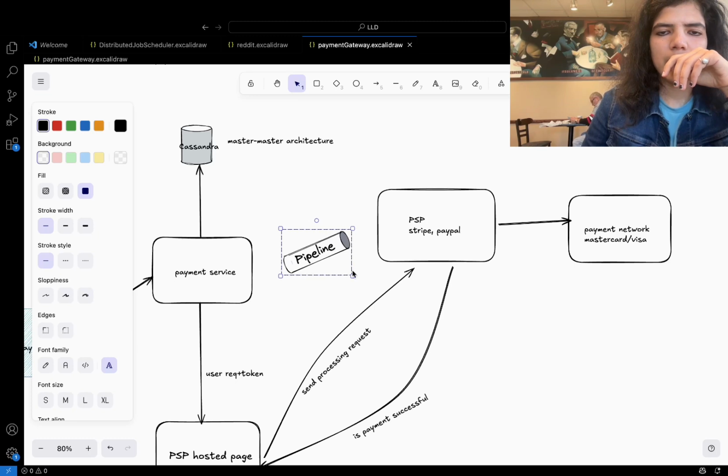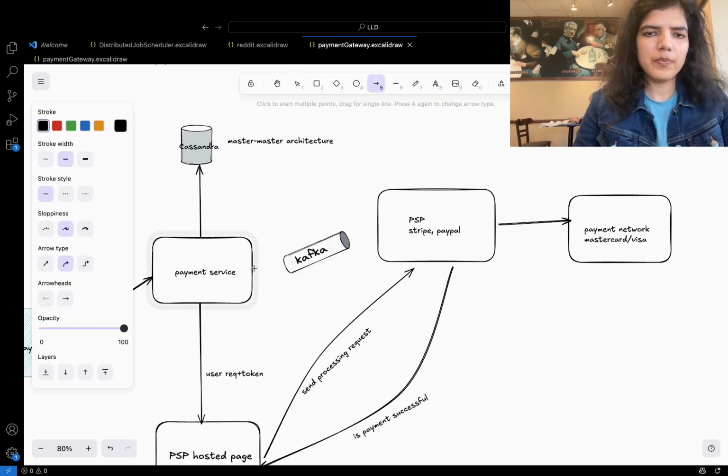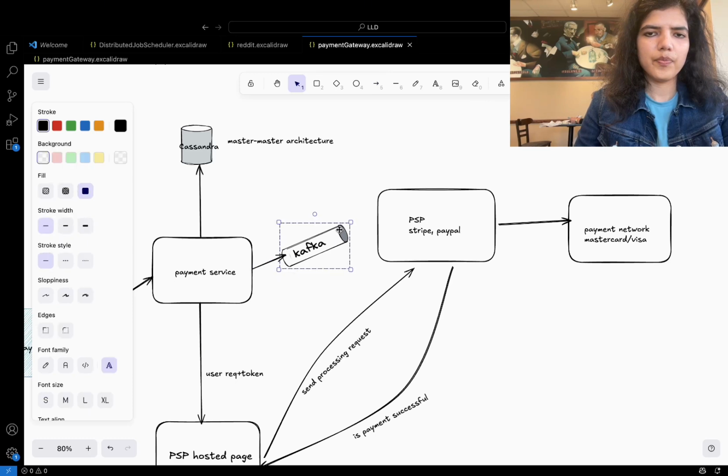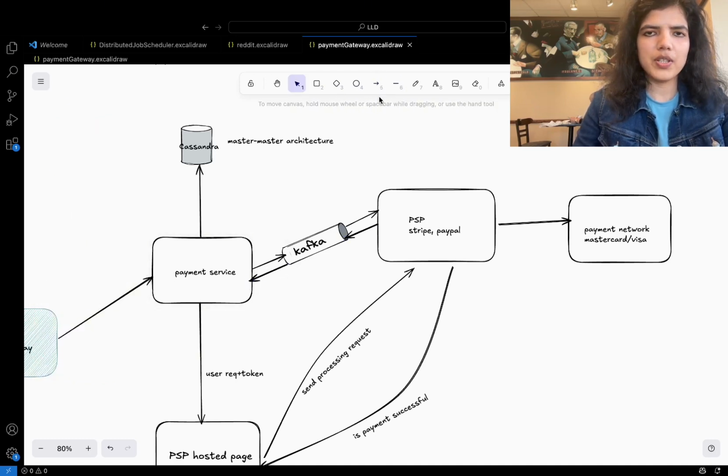with the help of a queue, and basically it can be Kafka or any queue strategy, wherein the user will send the information. It will send the information and receive the token. This way we can handle the scalability of our operation as well.